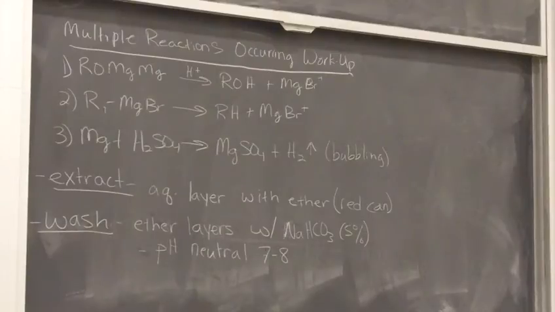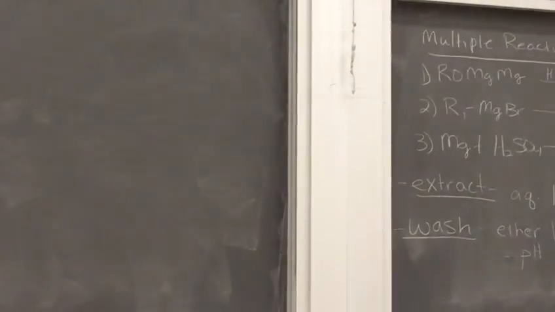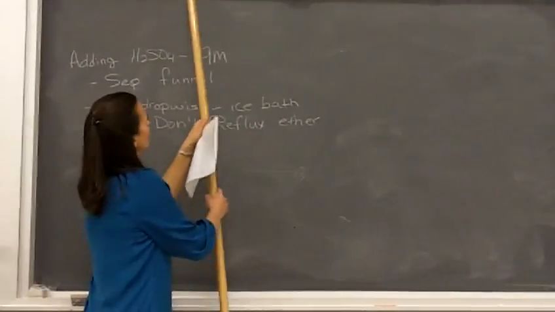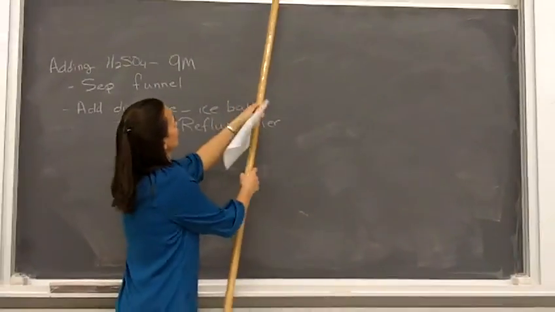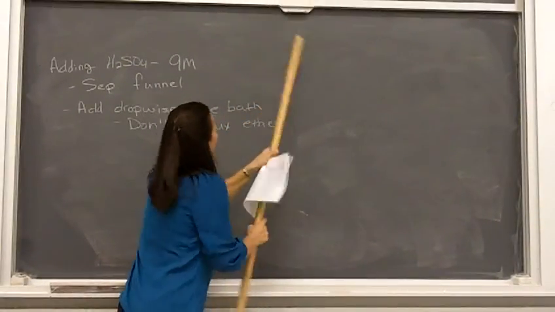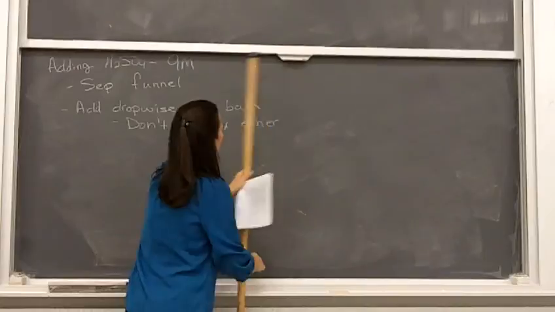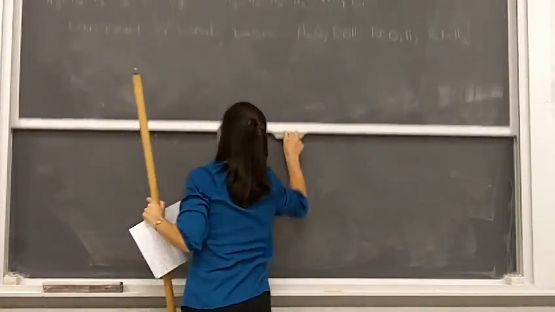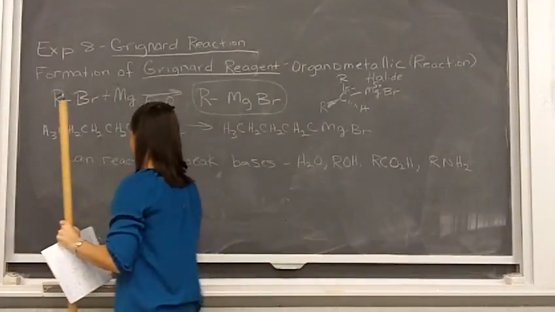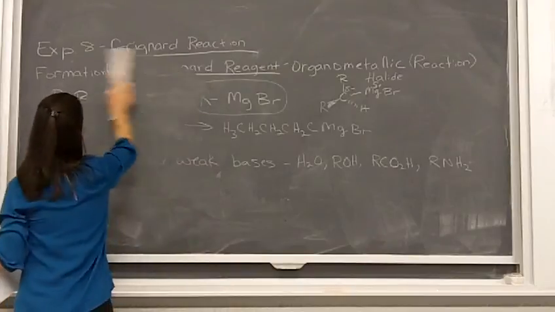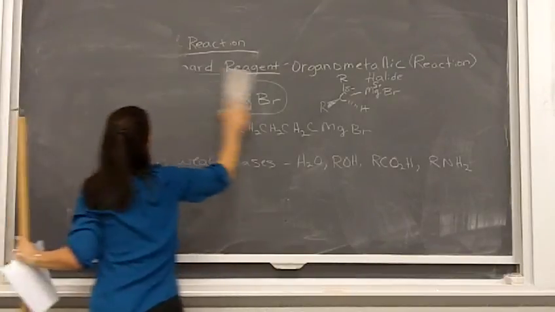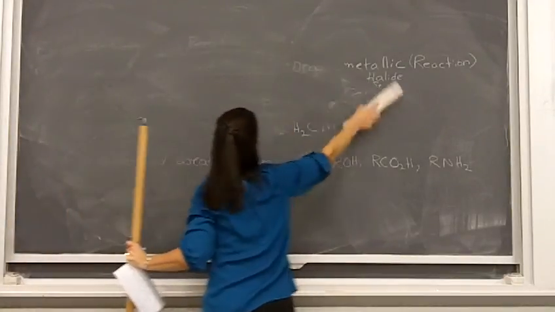So now we've got our ether layers. They're all combined into one layer. We washed them with sodium bicarbonate. A new step that we haven't done before is we're going to use what's called a drying reagent.